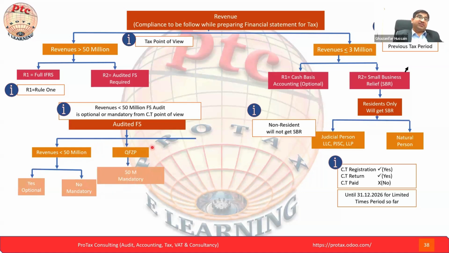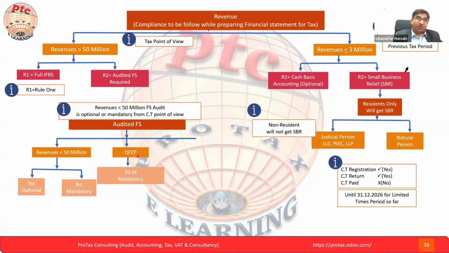But even when the revenue is less than 50 million, the audited financial statement is mandatory for whom? For the qualifying free zone person. So on the same point, in one case the audited financial statement is optional, but on the other side, for the qualifying free zone person, the audited financial statement is mandatory regardless of the revenue condition.